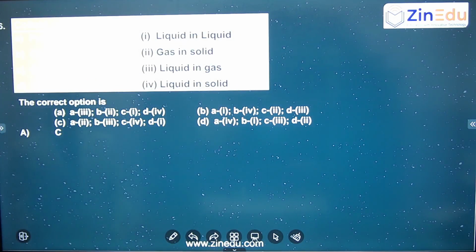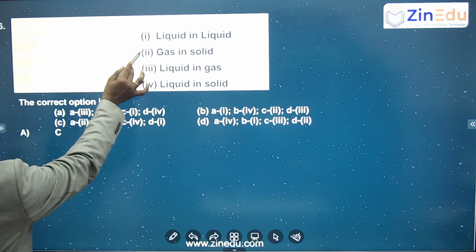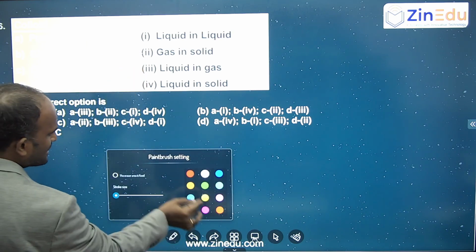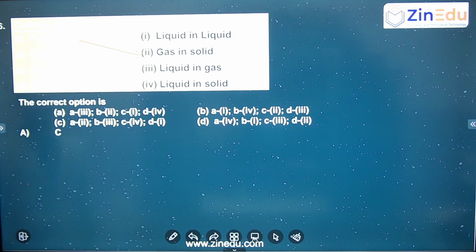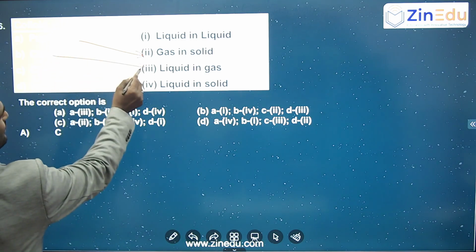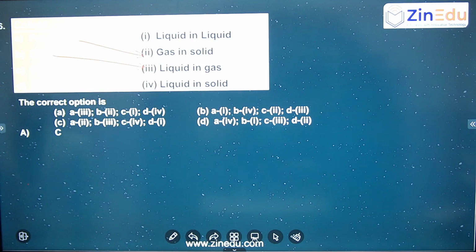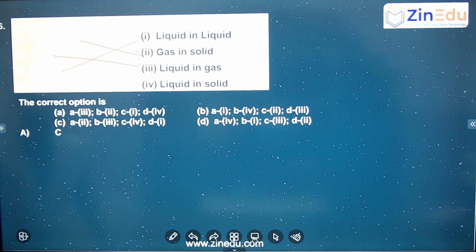Next, pumice stone. Of course, this is not looking clear on the board. Pumice stone is going to be gas in solid type. Next, cloud, which will be liquid in gas, and the next one is going to be liquid in liquid. This is emulsion, we all know.